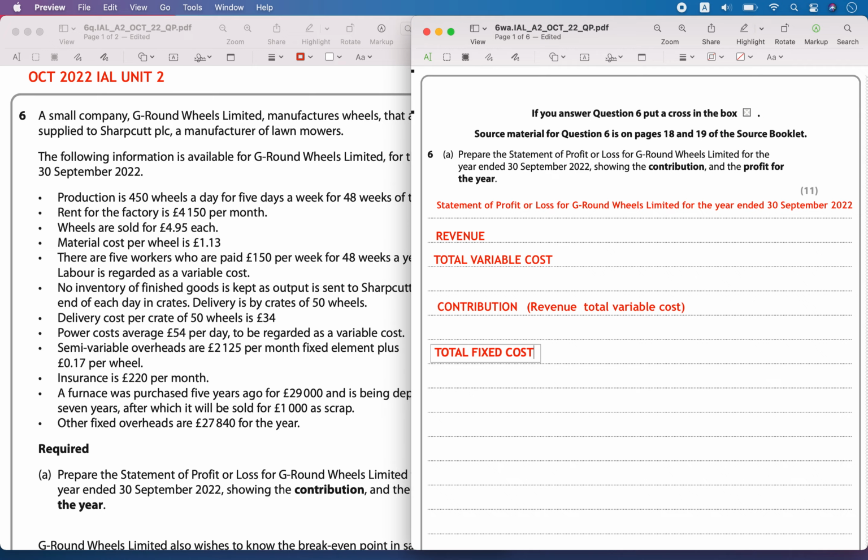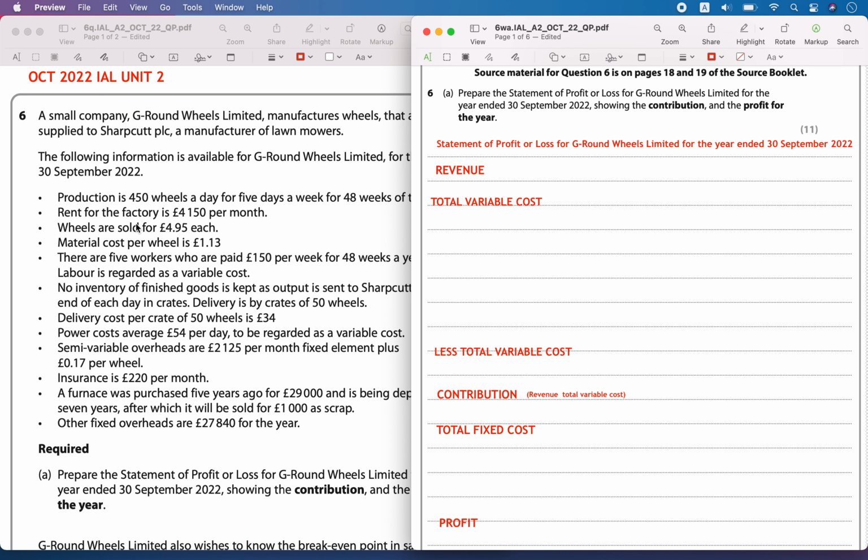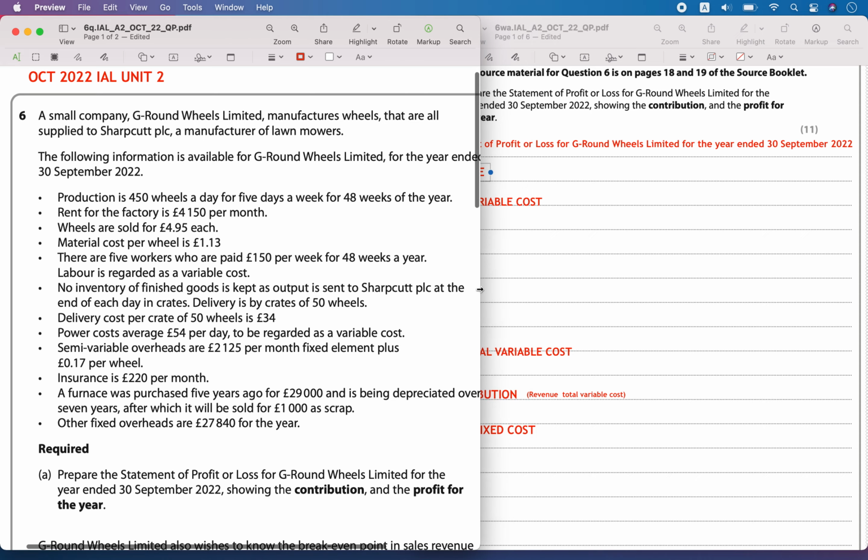So revenue minus the total variable cost gives the contribution, then less the total fixed cost, you will get the profit or loss for the year. The first one is revenue. There you will find the quantity sold and the rate at which it is sold, that is the revenue. Now let's write the variable cost.